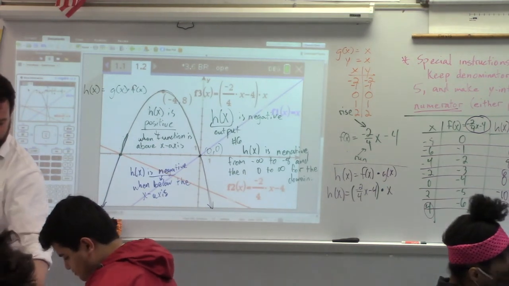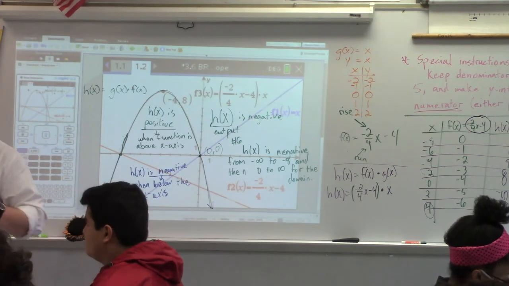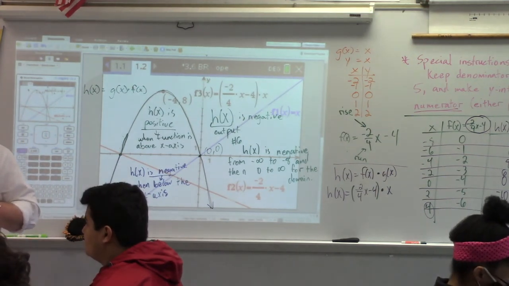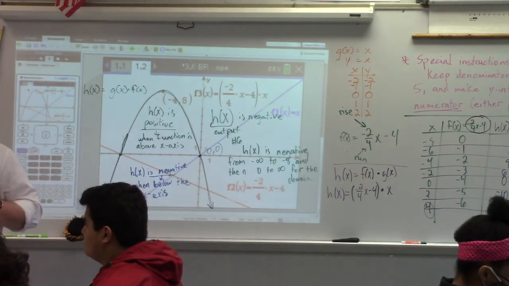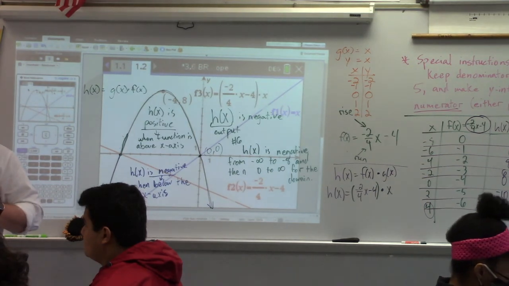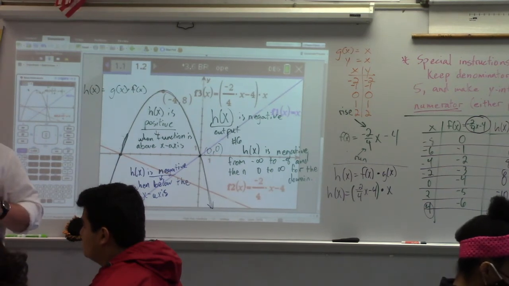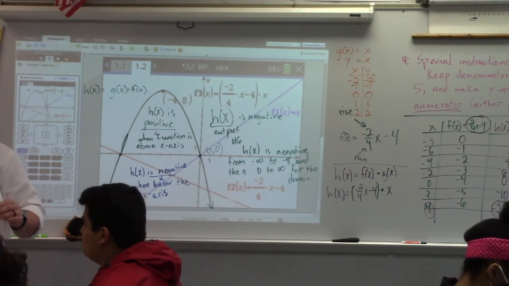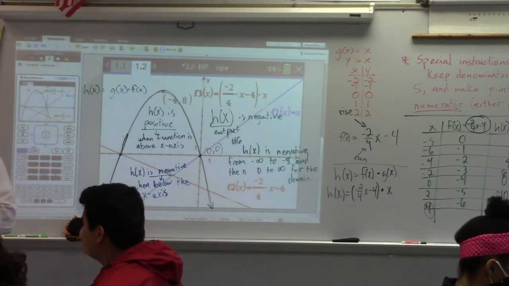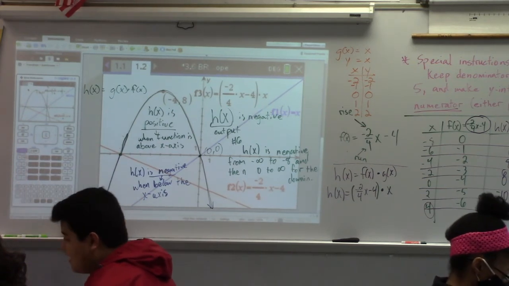See how your parabola, right here for Jesus and his group, is positive, correct? Notice f of x is above the x-axis, so that is positive. G of x is above the x-axis, so that is positive. And what's a positive times a positive? Positive. Right? So there's 2 different ways to get that there.